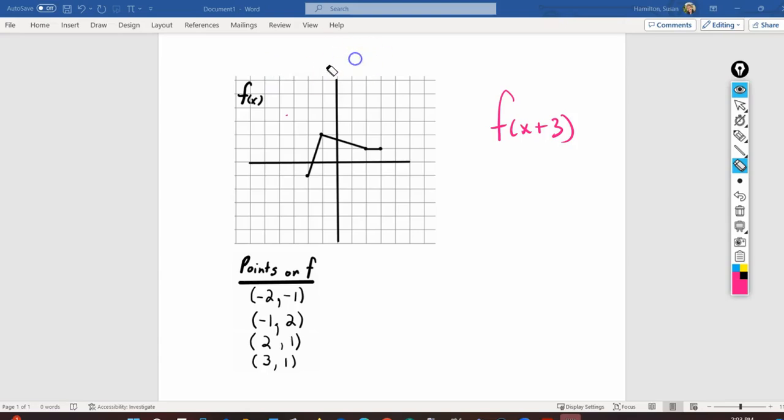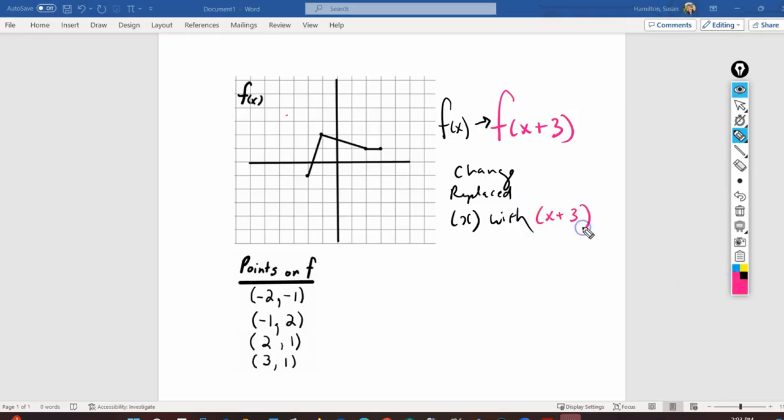Well, what has changed is the change to get from f of x to f of x plus 3 is we have replaced the x in parentheses with x plus 3 in parentheses.